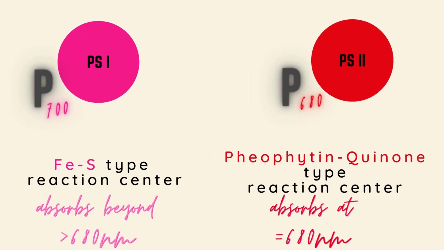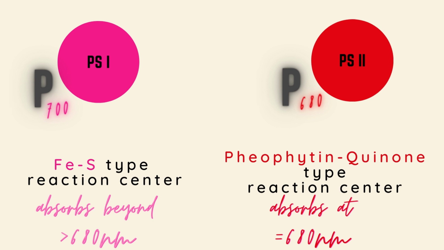Now we will talk about the final step of this video, which involves the photosystems present in the higher plants. In higher plants, there are two types of photosystems, photosystem 1 and photosystem 2, also known as the pigment systems, as I've already talked about. Photosystem 1 contains a reaction center which is iron and sulfur containing, so it is an FeS type reaction center.